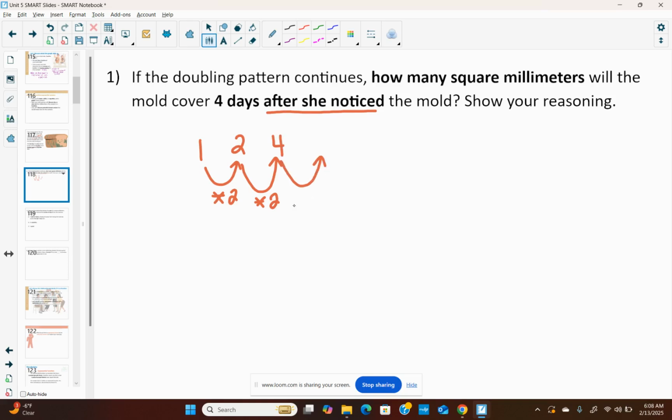Then it's going to double again after 3 days, and that will give us 8. And then it'll double again after 4 days, and that will give us 16. So 4 days after she noticed, she'll have 16 square millimeters of mold on that bread.